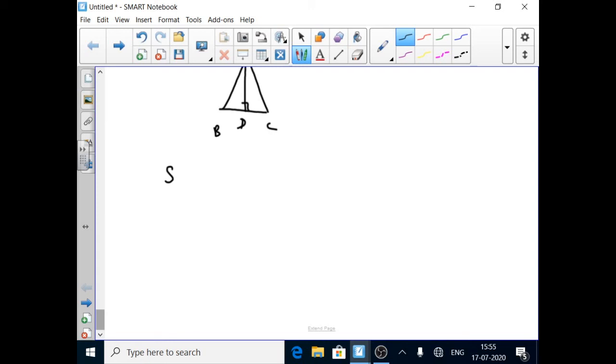Okay. So slope of BC, we find out. Slope of BC: if they have given 2 points, the slope formula is (y2 - y1)/(x2 - x1). So the point B is (-5, -1), C is (1, 9).